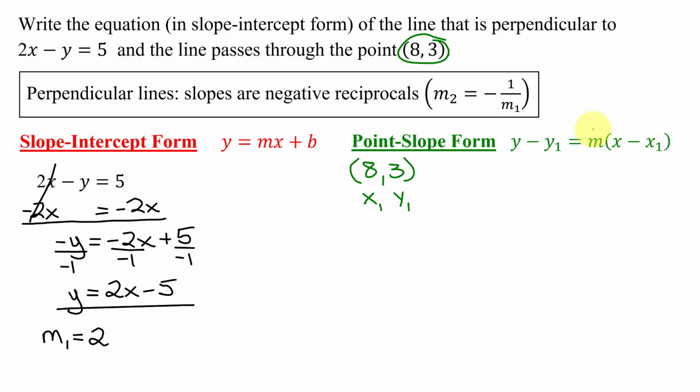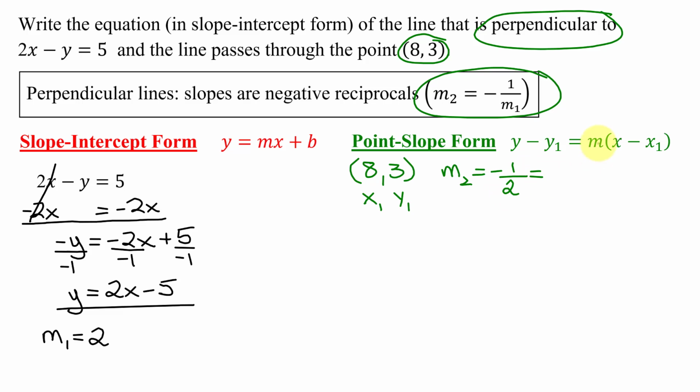I need to find the slope. So remember, my lines are perpendicular, so I'm going to use this formula. So m sub 2, the slope of my perpendicular line, is negative 1 divided by m sub 1, which we already found is 2.